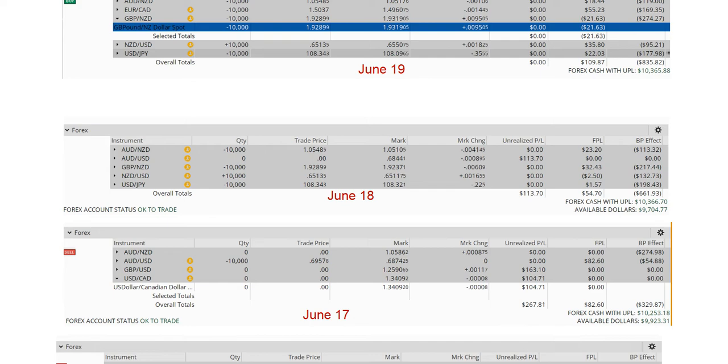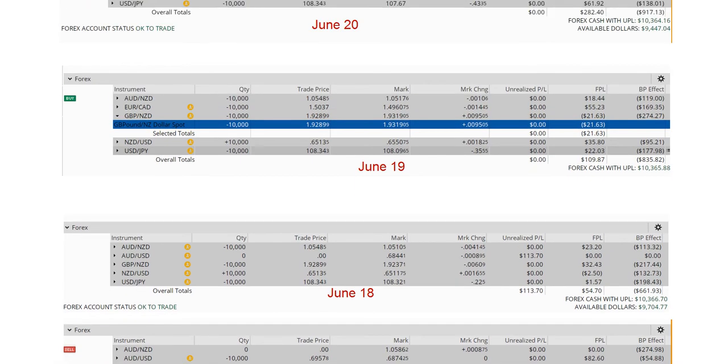Well, if you flip this around, you'd have USD NZD down. So you effectively have three of the same currency going in the same direction. Hey, works.